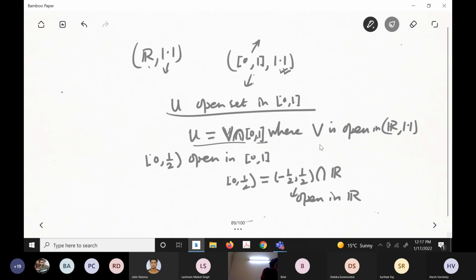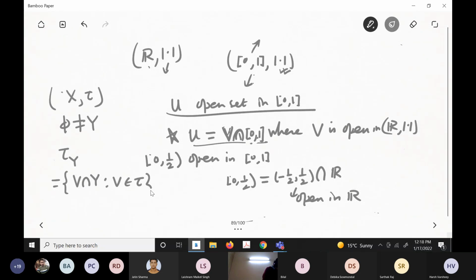Okay, so this will be our idea. Now, if you have this, what will be the topology? Look, tau_Y should be the collection of all V intersection Y such that V belongs to tau.